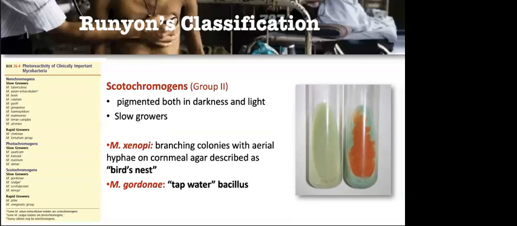They produce branching colonies with aerial hyphae. Their colonies are described as bird's nest colonies. And then, of course, we have Mycobacterium gordonae or the tap water bacillus. The reason why we don't use tap water when doing acid-fast staining is that it may be contaminated with your Mycobacterium gordonae, and you might say that the patient has TB.